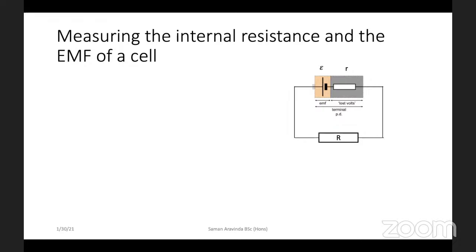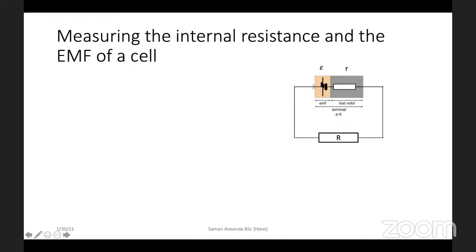Say a 1.5 volt battery, if you measure using a voltmeter, even a very sensitive voltmeter, you will get something close to 1.47, 1.48. Some of this potential difference is lost. That is due to the internal resistance inside the battery.